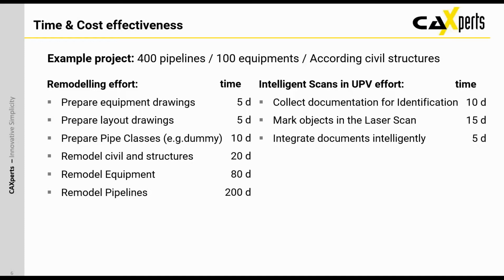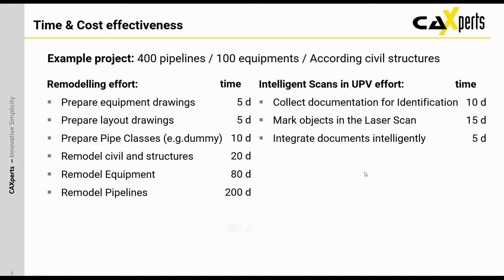So we can approach this in a very easy way and get done fast. We're talking about 15 days. And then I added another 5 days, which we don't have covered on the left side: integrate documents intelligently, about 5 days.